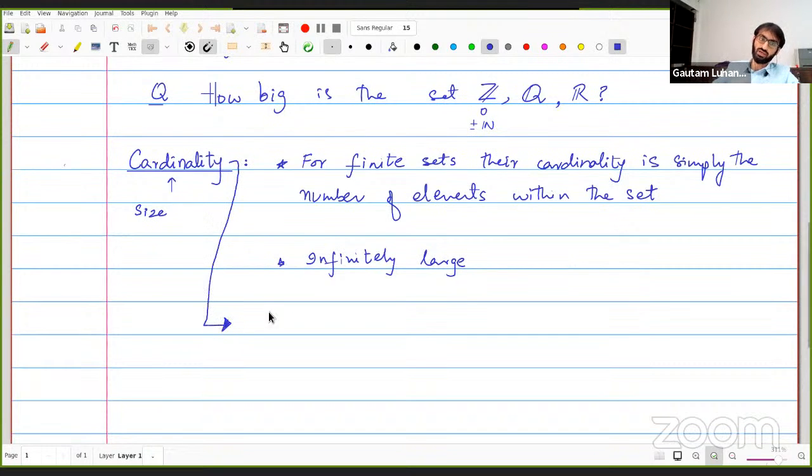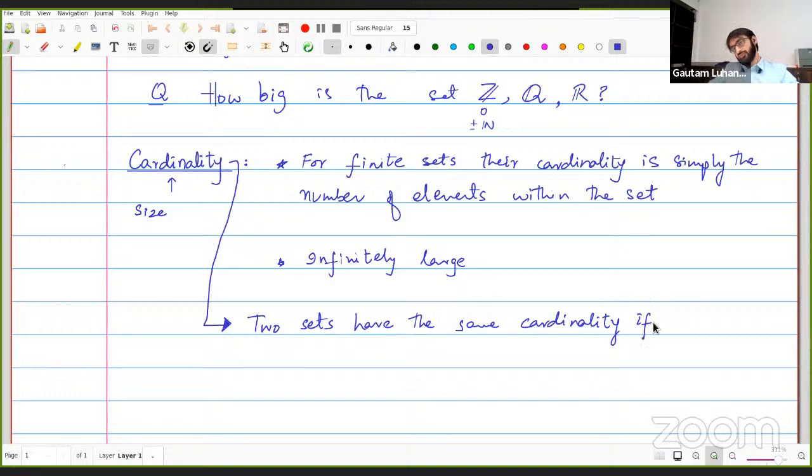In some way, I'm going to say that two sets have the same cardinality if there exists a one-to-one correspondence between their elements.